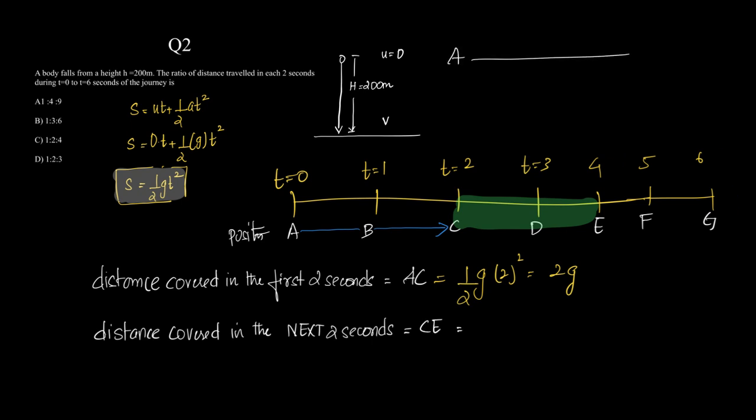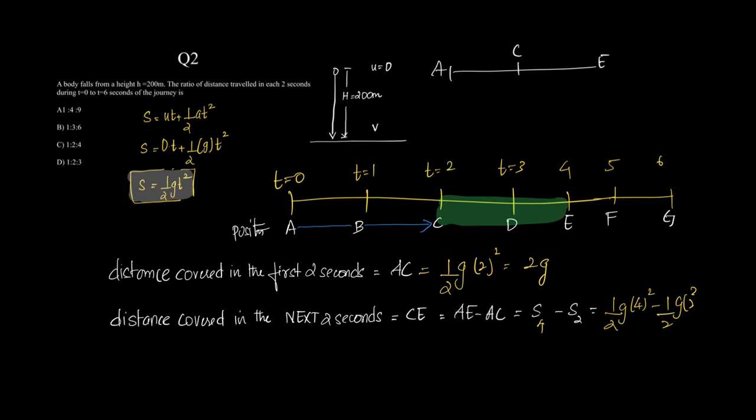This is A, this is E, and this is C. So CE will be equal to AE minus AC. What is AE? AE is the distance traveled in 4 seconds, and AC is the distance traveled in 2 seconds. So S4 minus S2, which is half g into 4 square minus half into g into 2 square.